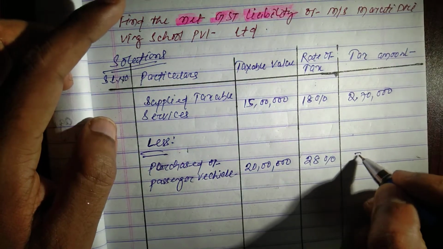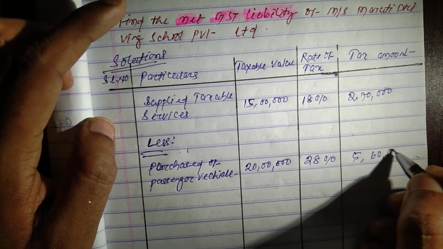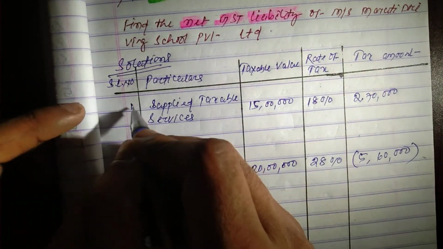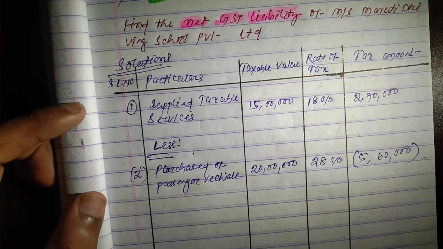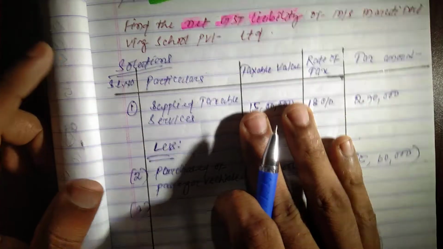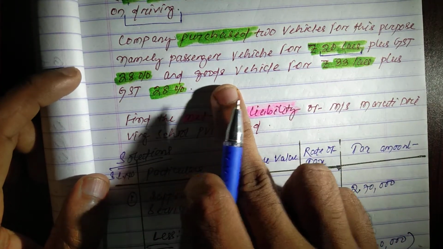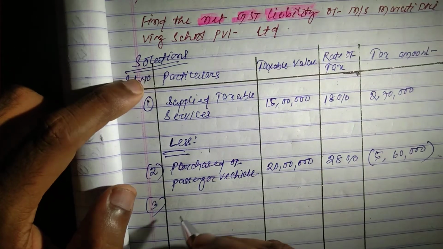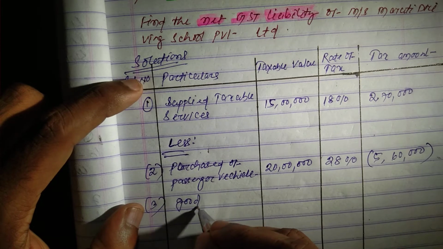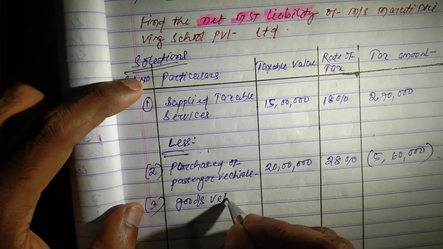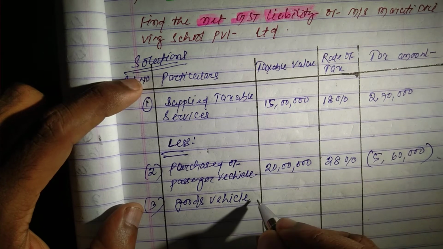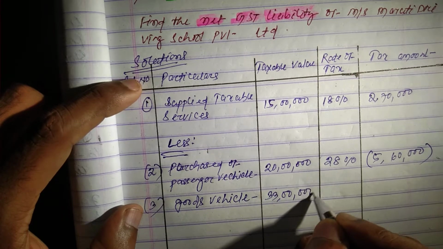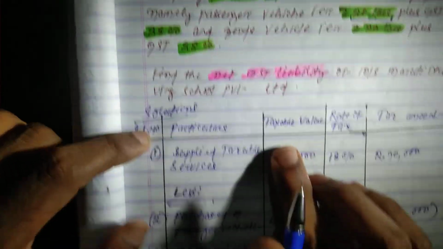So this will be reduced from the output tax, 5,60,000, right? Then again, number 3, another purchase of goods vehicle amounting to 33 lakhs plus 28% GST. So goods vehicle purchased, 33 lakhs, and the rate of tax also 28%.